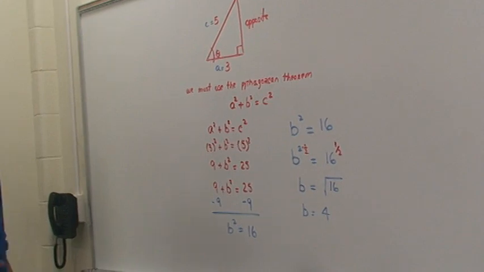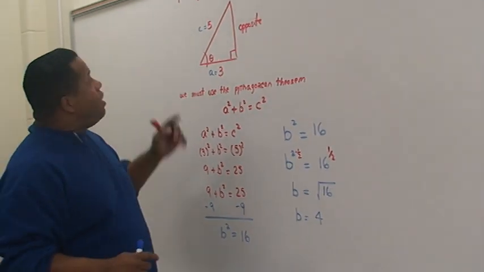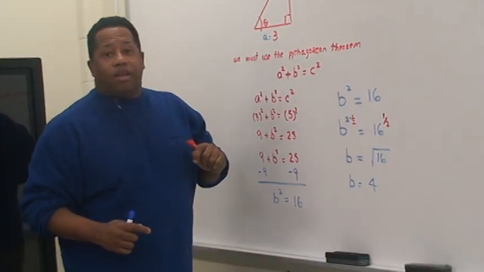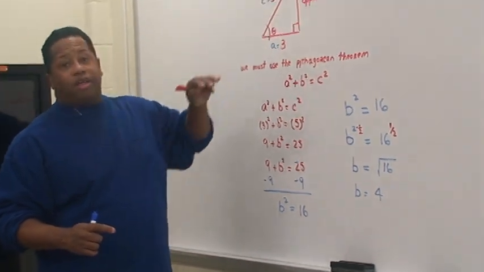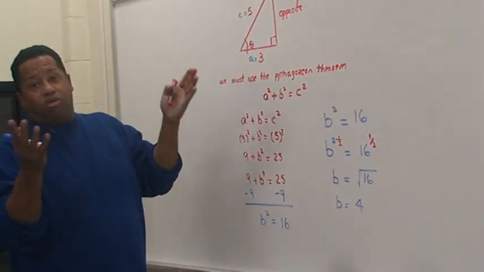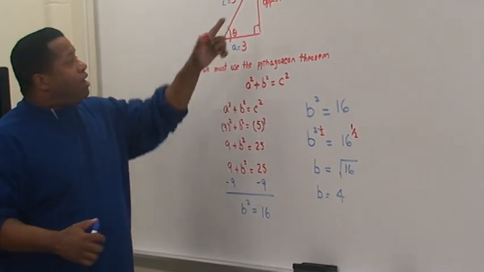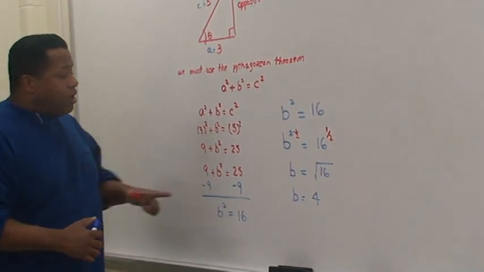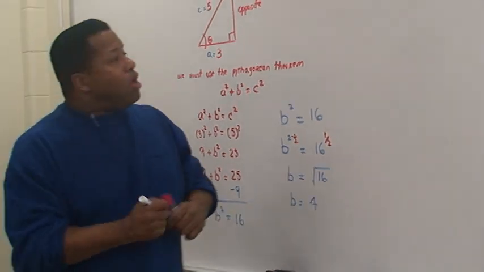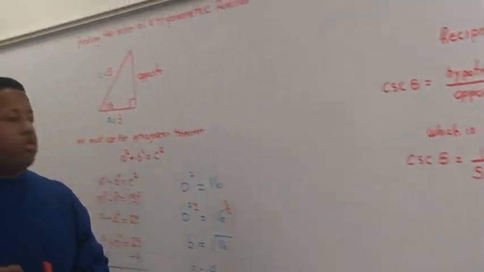This is how you find the side that we don't know, using the Pythagorean theorem. So B is 4.